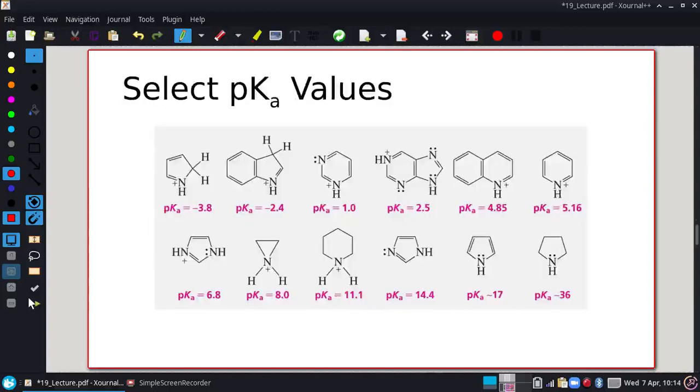Okay, and we see that along a whole slew of things. So these pKa values, we can make a call based on how well the electrons are owned. And there's that pKa for the unsaturated or saturated ring with a nitrogen, it's much more like a pKa of an amine.